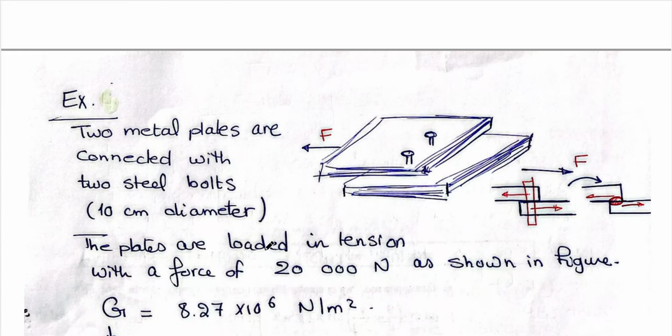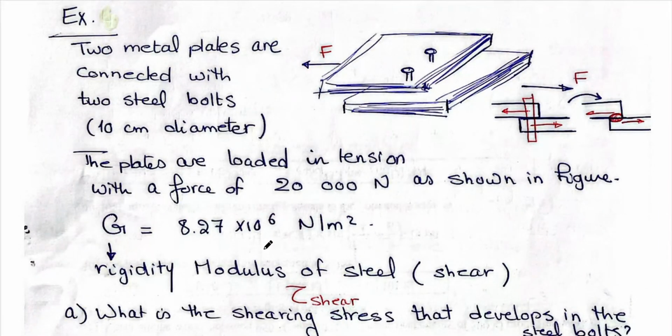This is an example regarding the shear elasticity. Assume we have two metal plates connected with two bolts as shown in the figure, and we apply this force and this force. These two forces, when acting on the bolt, are tangential to the cross-sectional area of the bolt.